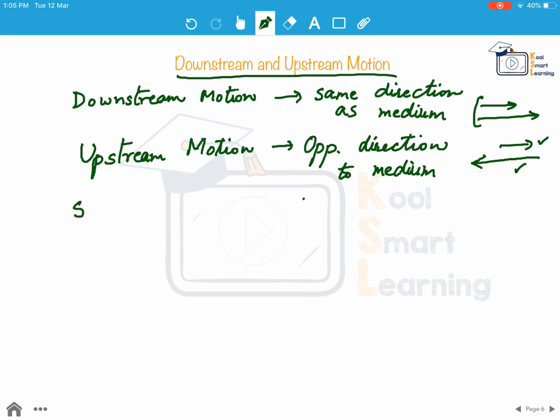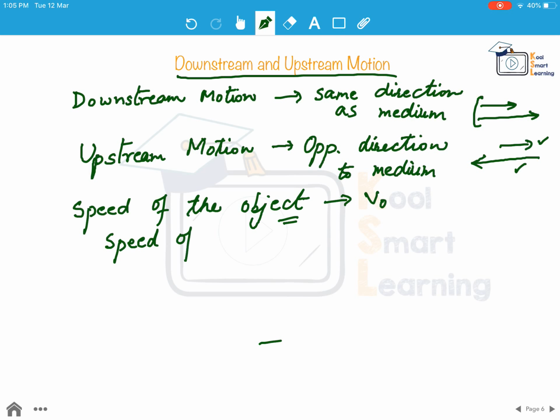Now let's find out the speed of the object in both the cases, right? So original speed of the object, let's call it VO, and we say speed of medium, which could be wind, stream, or anything else for that matter, this is Vm.